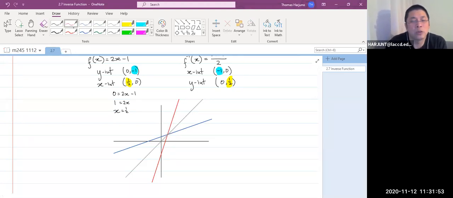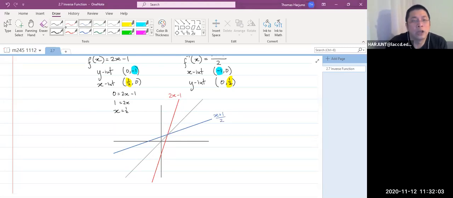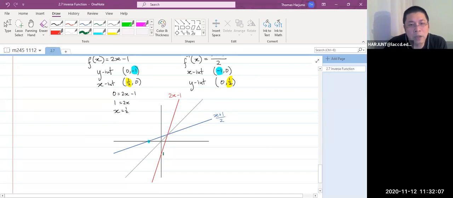So this will be 2x - 1. This is the inverse, (x + 1)/2. And your original x-intercept becomes the y-intercept. The y-intercept becomes the x-intercept. You reflect the graph with respect to the line y = x, so any point you get here is reflected there. Any point you have here, reflected there.